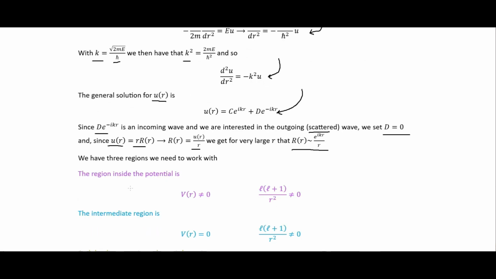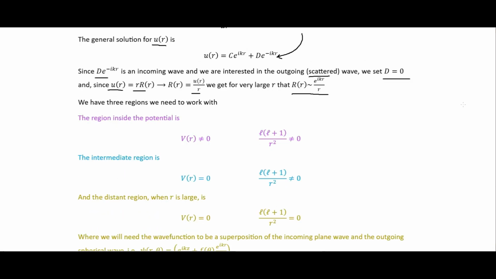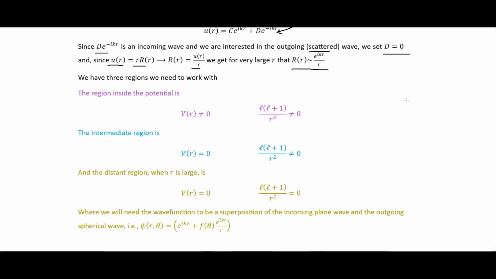So we have to think about three different regions. Remember, we have this scattering center right here, which has this potential around it, and we're looking at a wave coming in here.